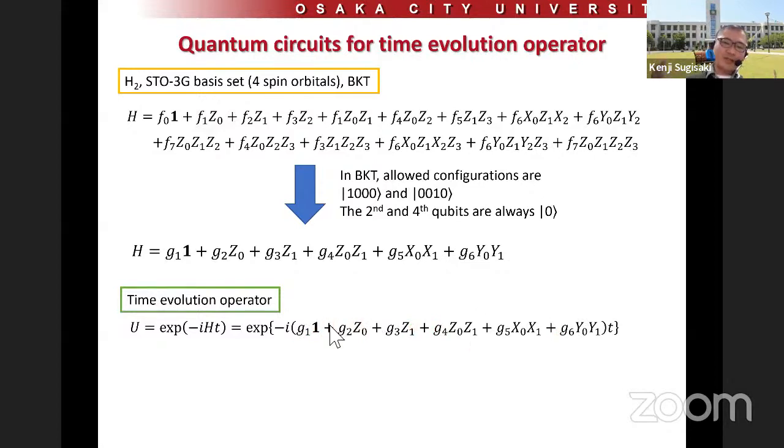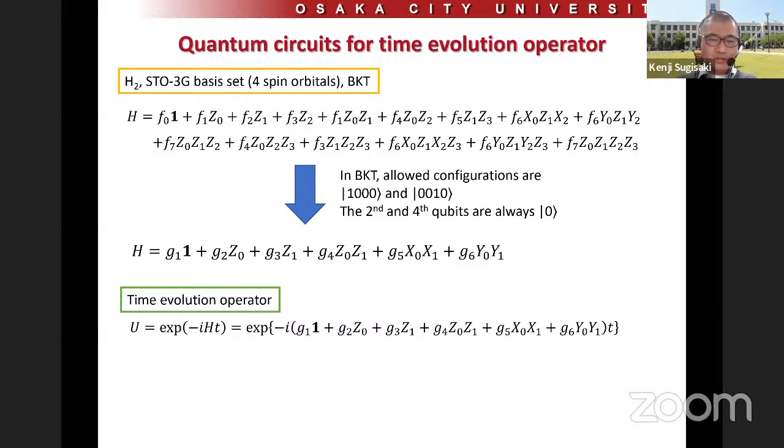Of course, we can generate the sparse matrix corresponding to this time evolution operator. But in order to construct the circuit, the time evolution operator should be decomposed in order to generate the circuit based on basis gates.